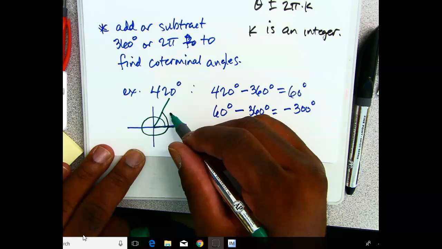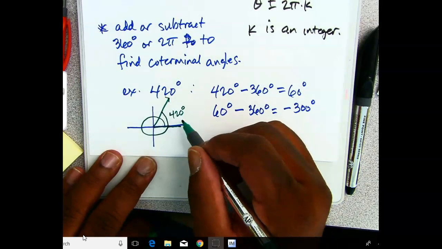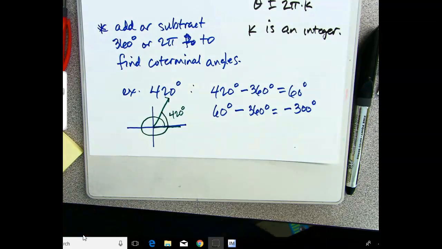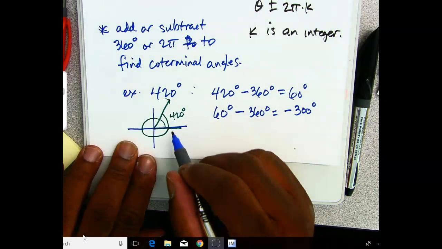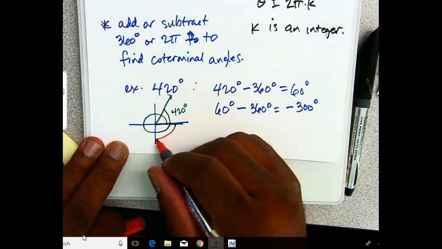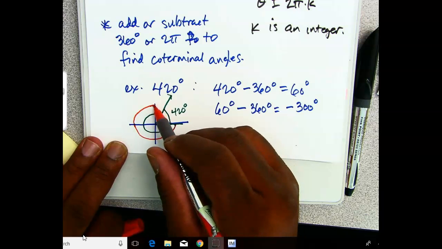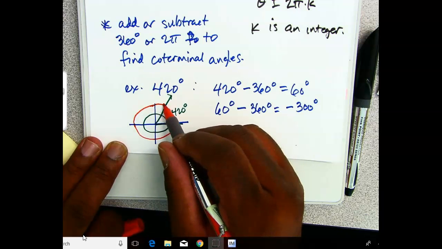So this is 420 degrees. On the other hand, for negative 300 degrees, we would start here and go negative 90, negative 180, negative 270, and then if I add 30 more, now I'm at negative 300.